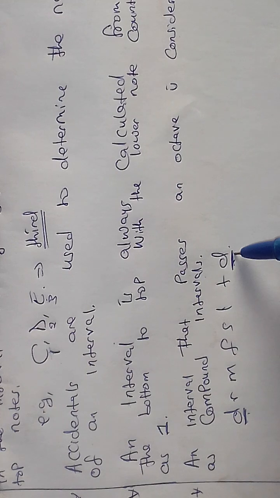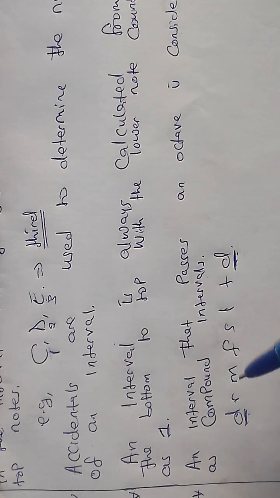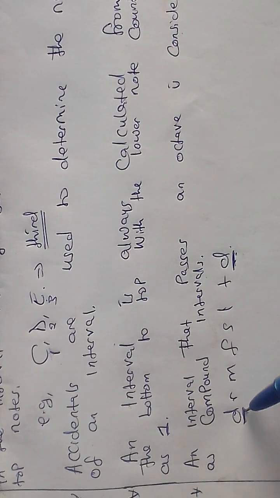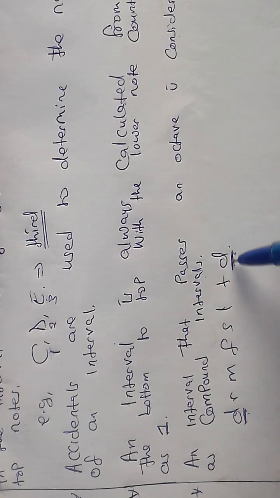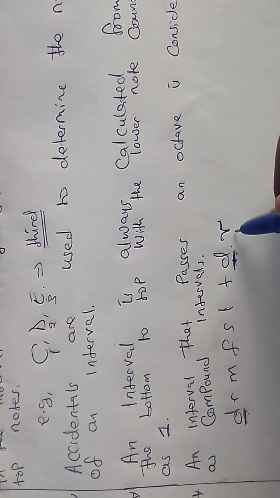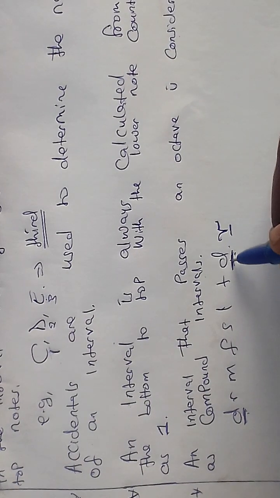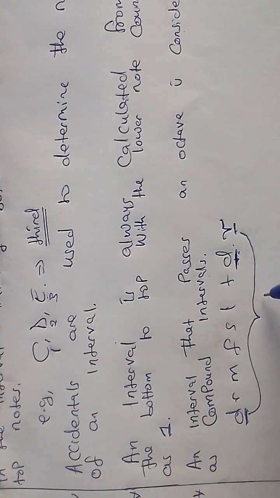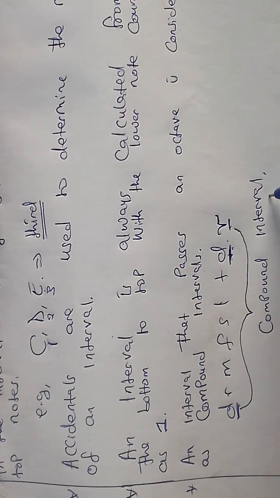But now it is much higher in pitch compared to the first do. Therefore we say it is in a different octave. Supposing that we had a re immediately after the do, this interval would be considered a compound interval. That is an interval that passes an octave.